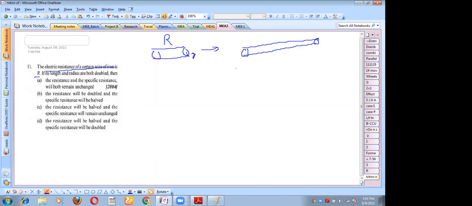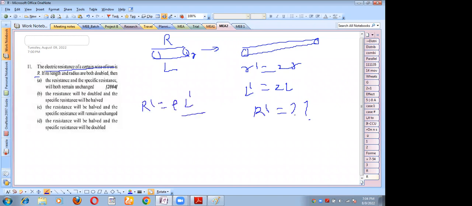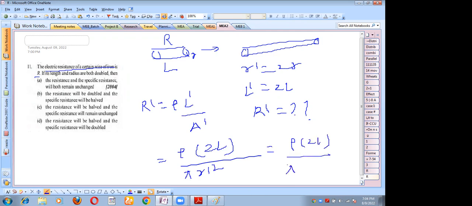Suppose its radius is r, so r dash becomes 2r and L dash becomes 2L. Its original length is L. So we have to see the resistance R dash. R dash is equal to rho L dash upon A dash. L dash is 2L, and the area is pi r dash squared. So rho 2L upon pi, r dash is 2r, so (2r) squared.